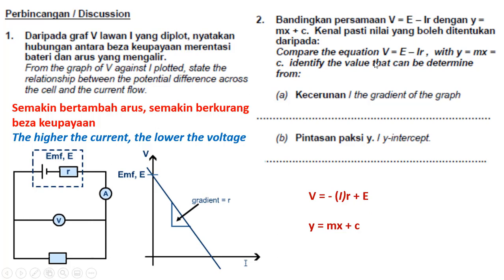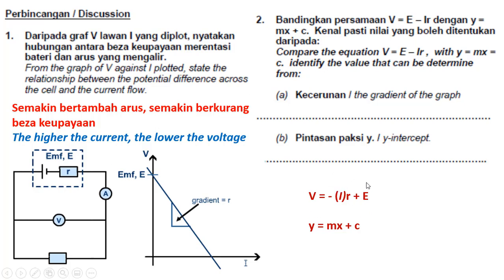Now, let's look at the mathematics. The equation for a straight line is y = mx + c. Remember, y refers to the y-axis, m is the gradient, x is the x-axis, and c is the y-intercept. Then remember we have the formula E = V + Ir, with small r.